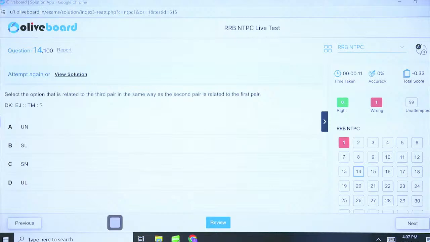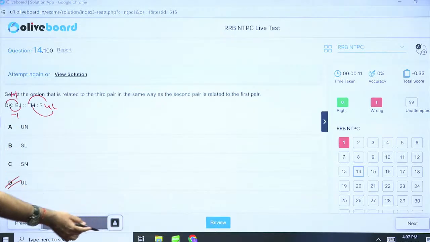See, D and E, we'll see +1, and 11 and 10, -1. Okay, so 20, 21 is U and M -1 is L. So UL, option D is the correct answer.